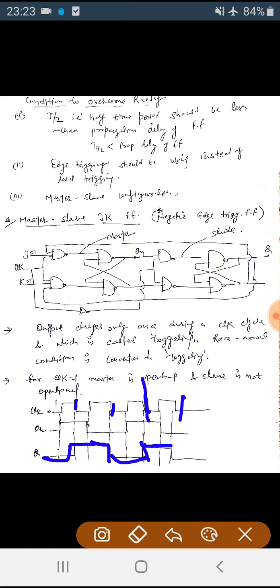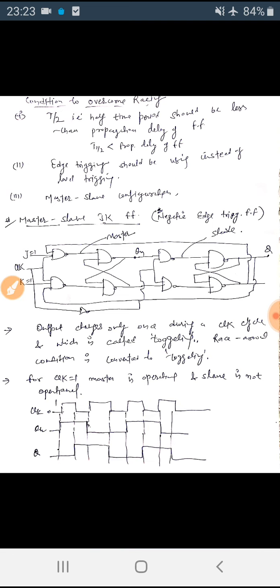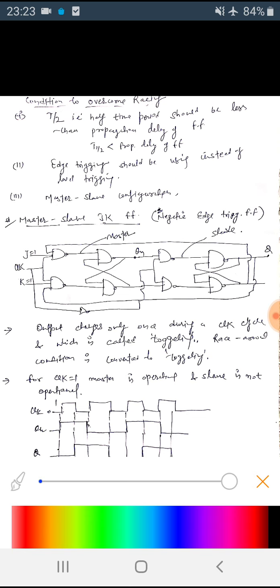Now it remains in the same position until clock goes low again there. So what we have done, we have forced the output to remain in the state until the clock changes. So it will not race around during the pulse.